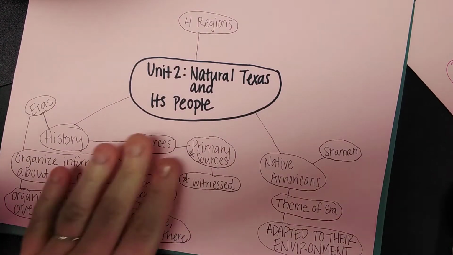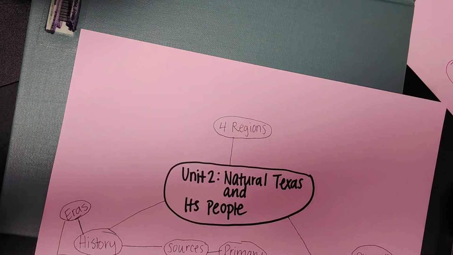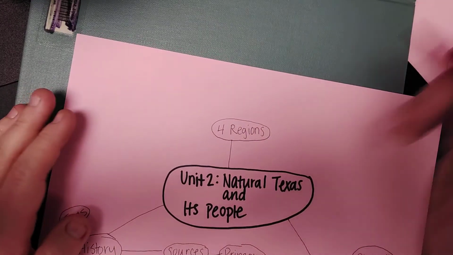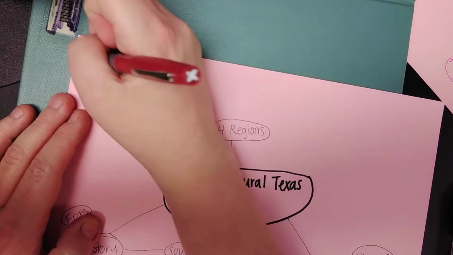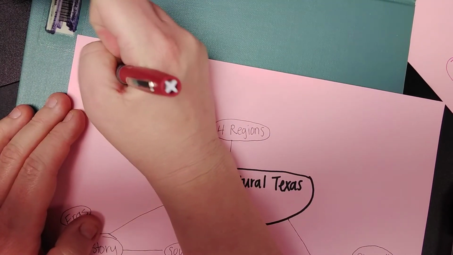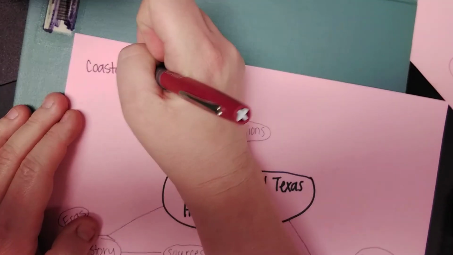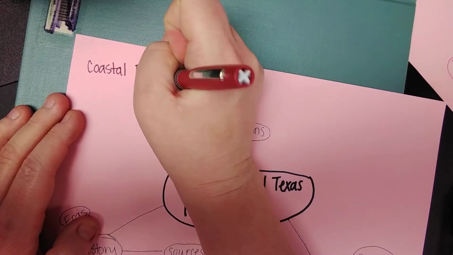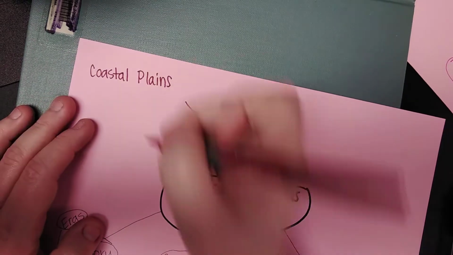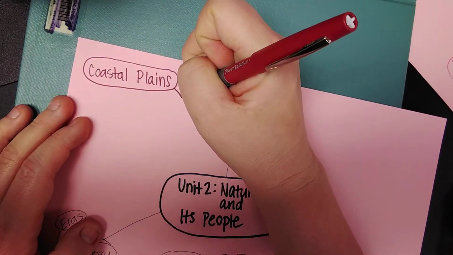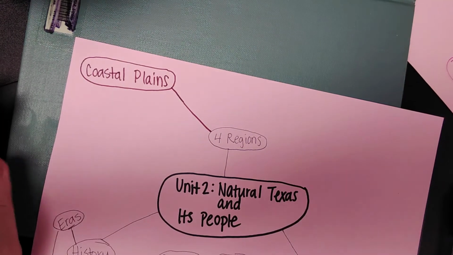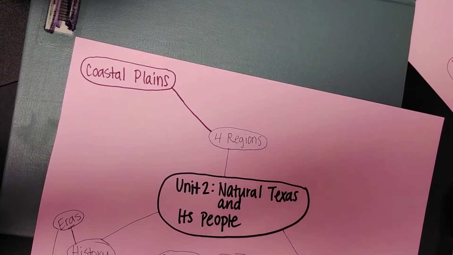All right, now we're going to go up to regions. There are 4 regions of Texas. The first is the coastal plains. We're going to go ahead and fill out this coastal plains stuff.